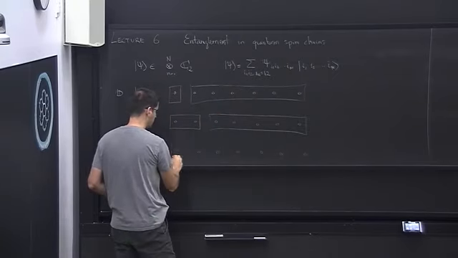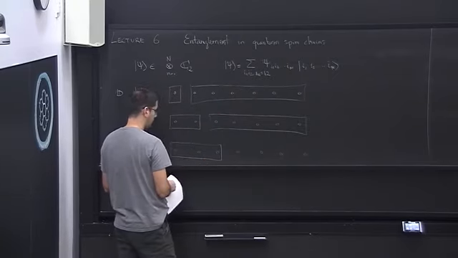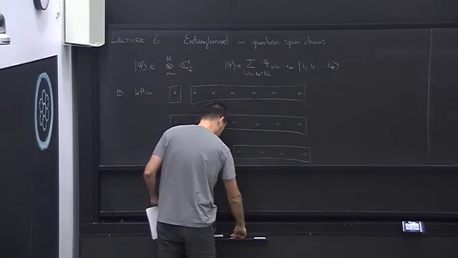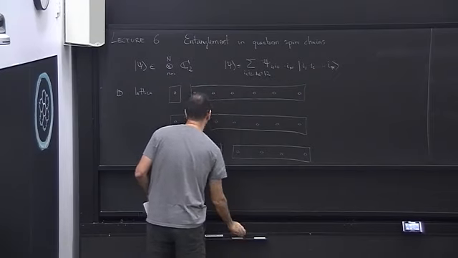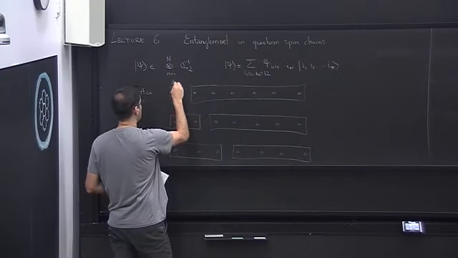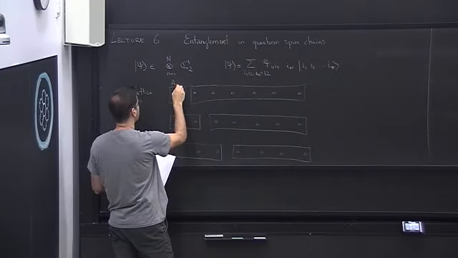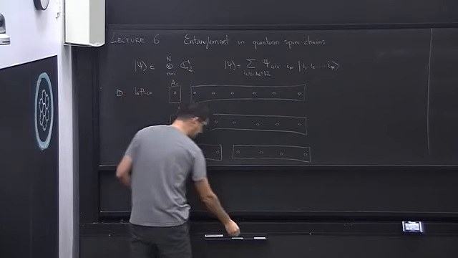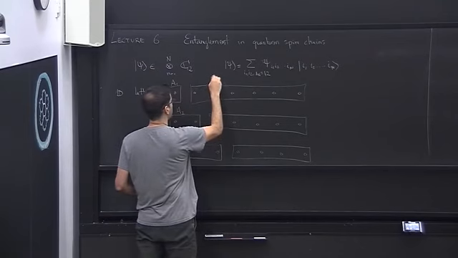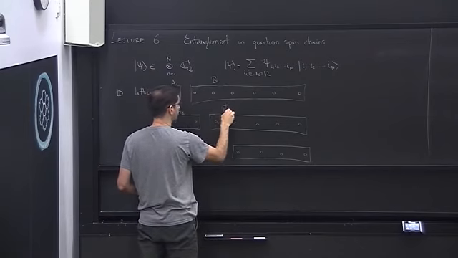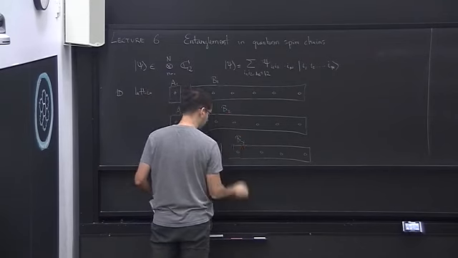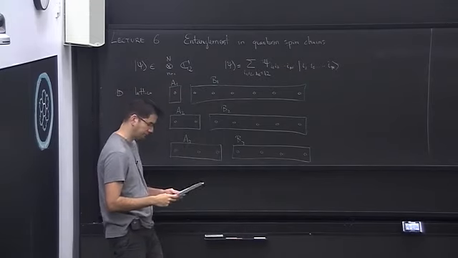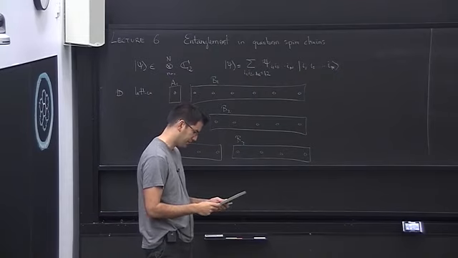Okay? 3 spins and the rest. Okay? So what we'll do is we'll have several bipartitions. I'm going to call this A1. This is A2. This is A3. I'm going to call this B1, B2, and B3. Okay? And for each such bipartition, I'll compute the entanglement of the state under consideration.